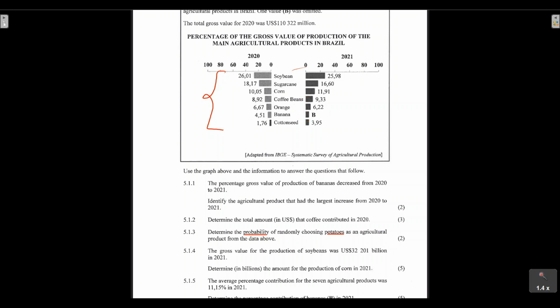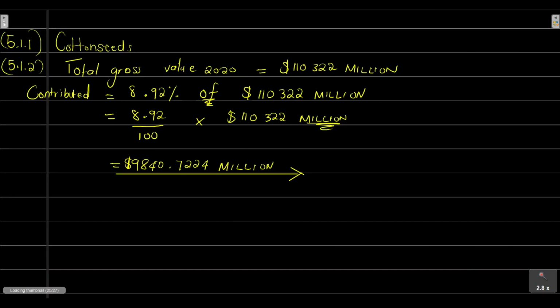So in this case, do you see that the favorable outcome is going to be equal to 0? Even if we say 0 divided by the total outcomes, the final answer will always be 0. So the probability of randomly choosing potatoes as an agricultural product from the above is 0. You can either say it's 0 or you can say that it's impossible.